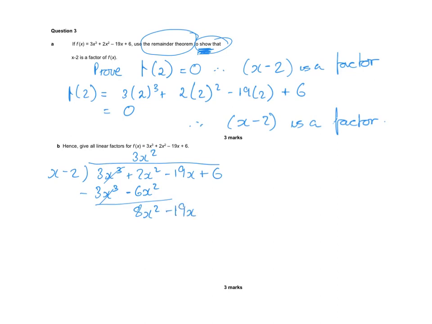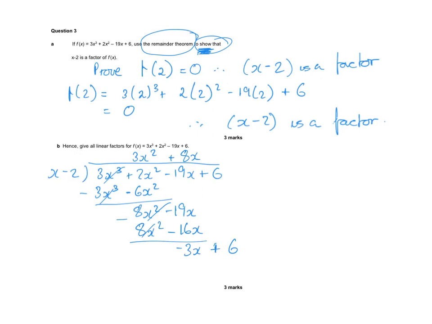How many times does x go into 8x squared? The answer is plus 8x. So it's 8x squared minus 16x, subtract, minus 19 plus 16 is minus 3, minus 3x. Bring down the 6. And of course we know because it's a factor that we should end up with 0. So do we?